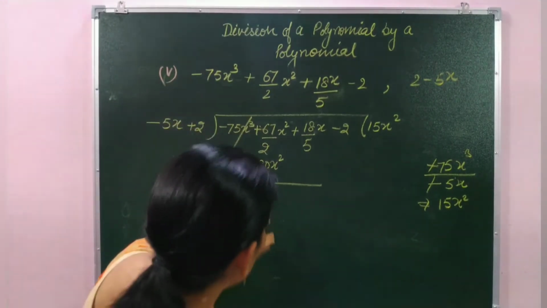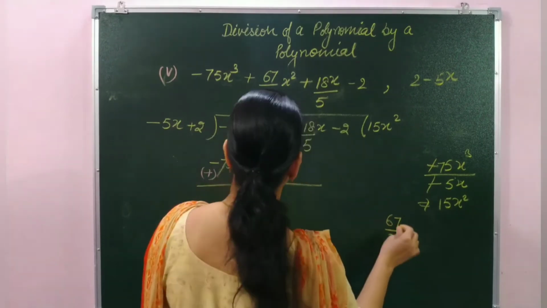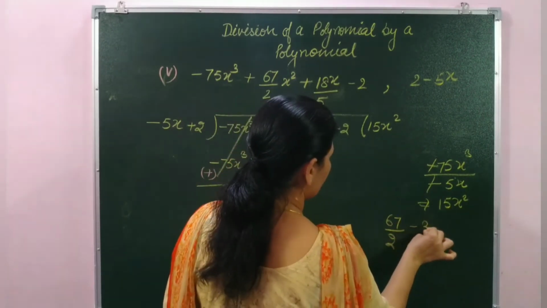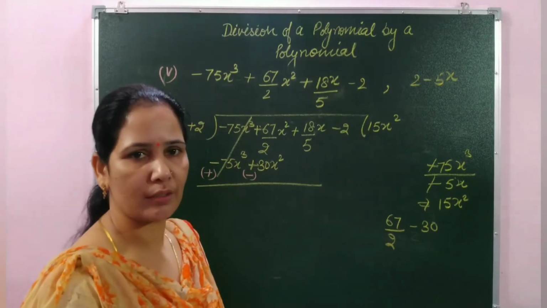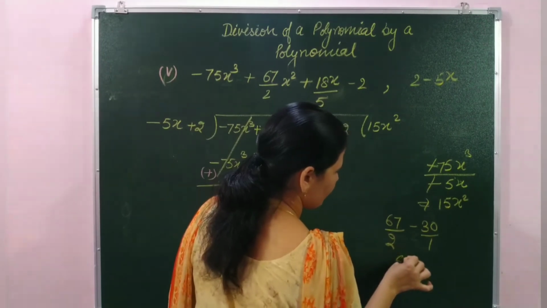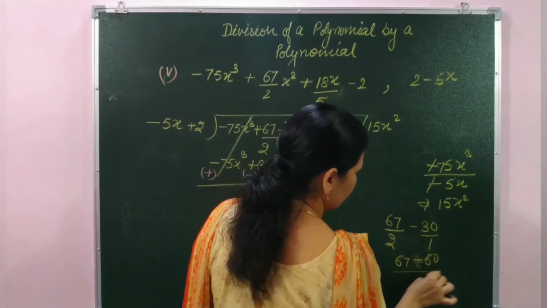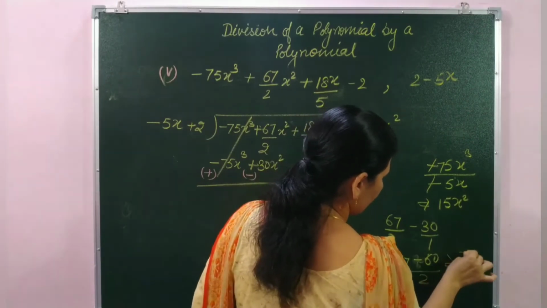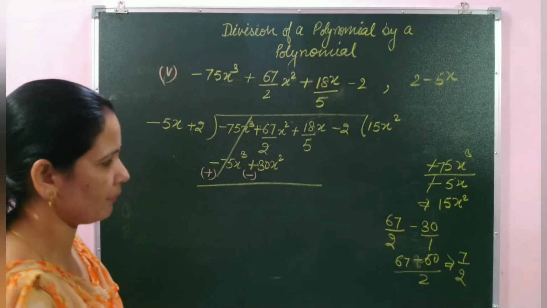Now students, here we observe 67 by 2 minus 30. So students, directly we can't subtract this one. To subtract this one, we have to take the LCM. So 67 minus 60. That means we get from here 7 by 2.